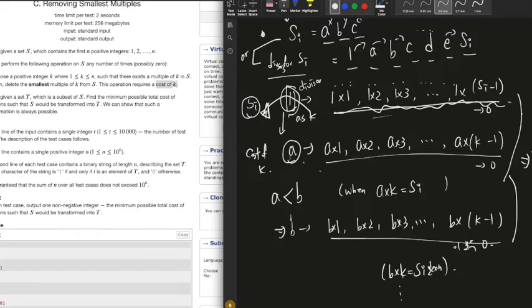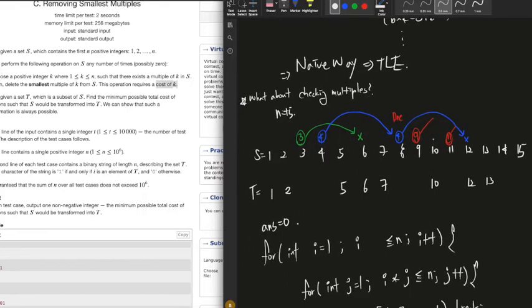And it works with A as well: A, 2A, 3A, these numbers should be 0 to use A as K for SI, and it goes on and on. That's why it will end up as time limit exceeded.